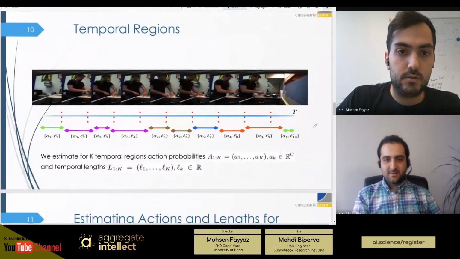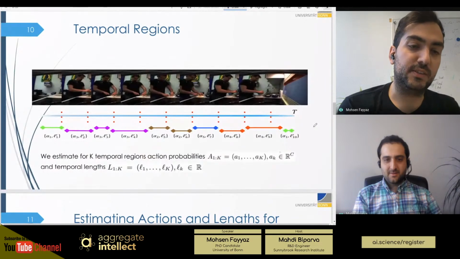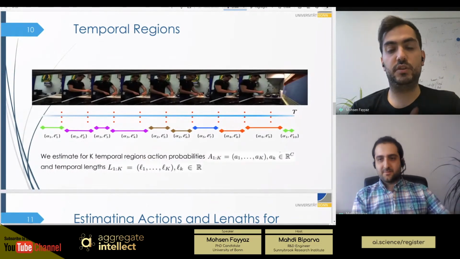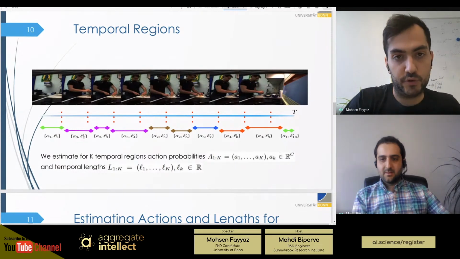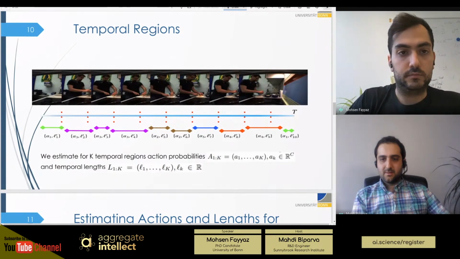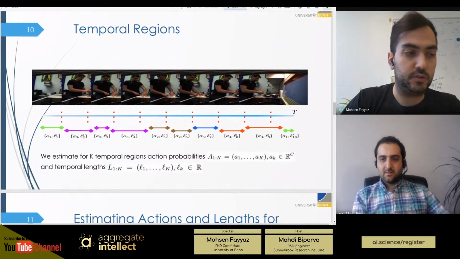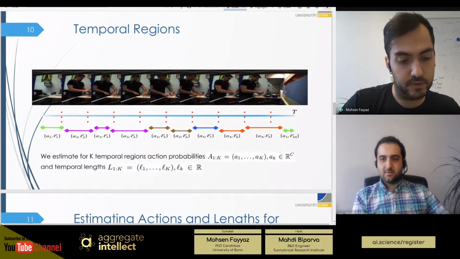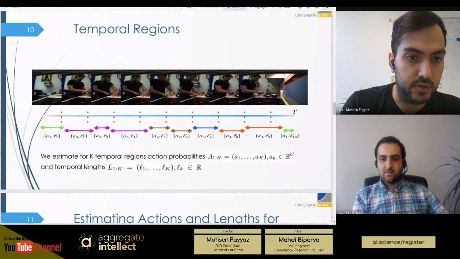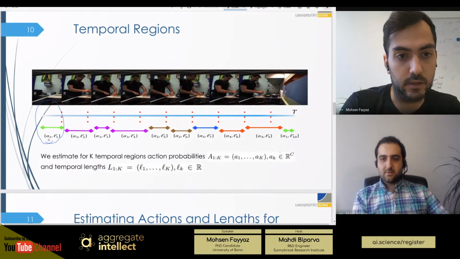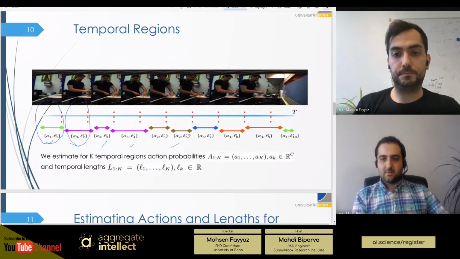So we say that each video, we can describe it by having some temporal regions. It's like the previous work, where we represent the video by some ordered temporal segments. For example, this region has the action A1 and the length L1, and also the other one, and so on.